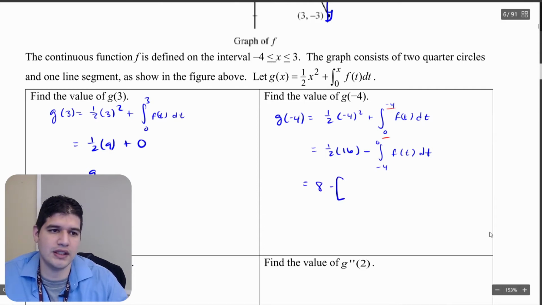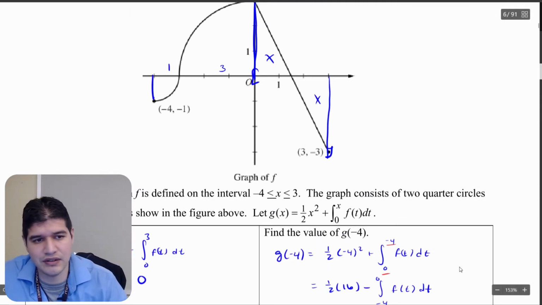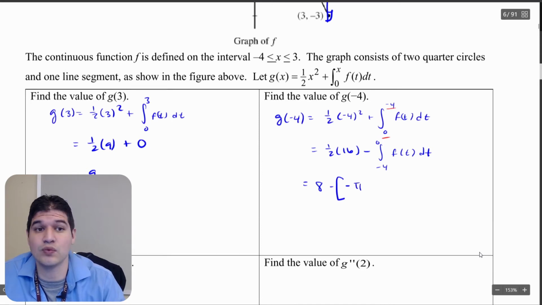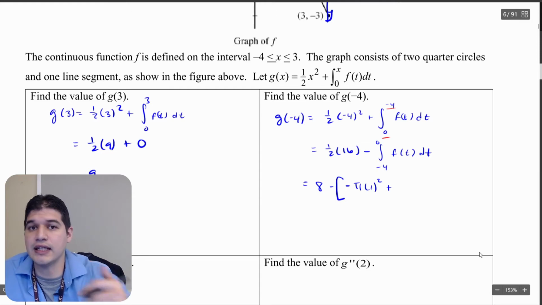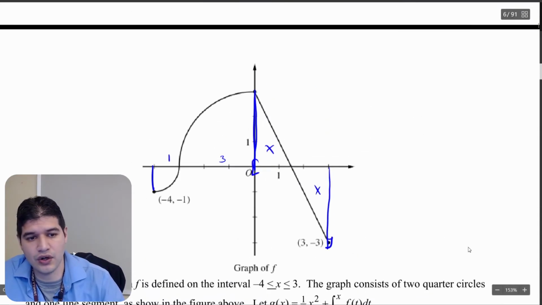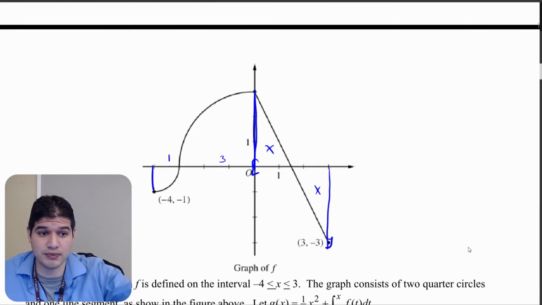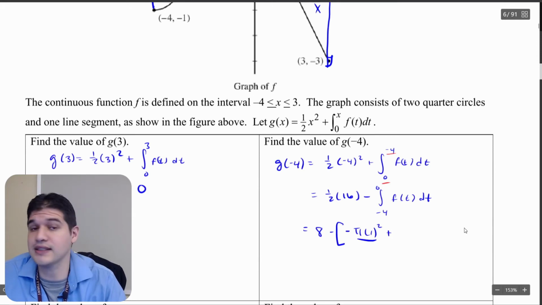This first circle is below the x-axis, so I'm going to make sure that's negative: negative pi times 1 squared. And I forgot to do something on this first one: since it's a quarter circle, I need to divide this by 4.